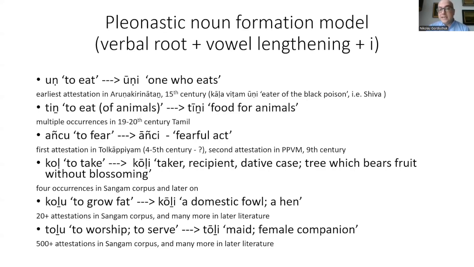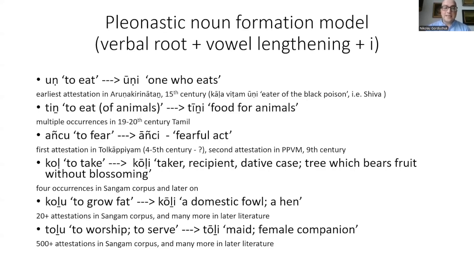Another one is tini, from the verbal root to eat, mostly of animals, and that mostly means food for animals. I think this word is very familiar to modern Tamil speakers, but it actually appears very late in the language, in 19th and 20th century Tamil. So it will be a little bit out of scope of my presentation.